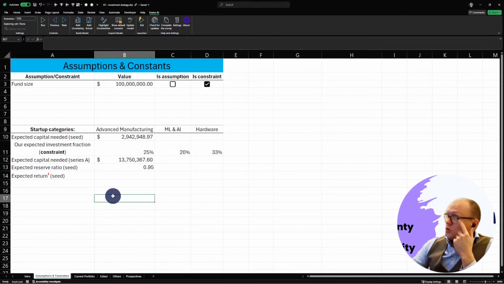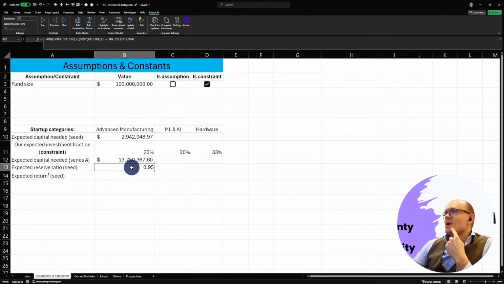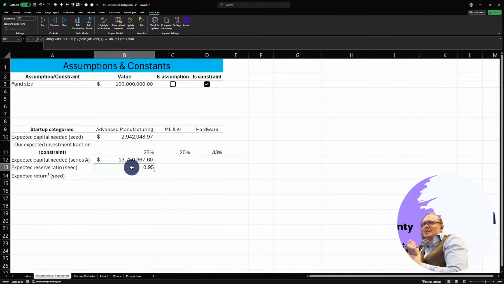Now, what is also very interesting is that we can also use it to debug, of course. So for instance, you can see this number right here made the grave mistake.